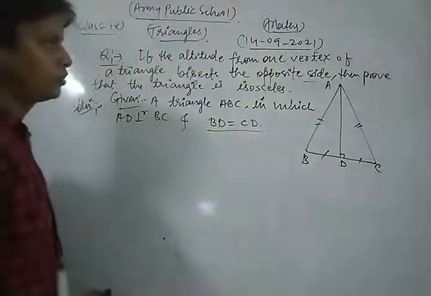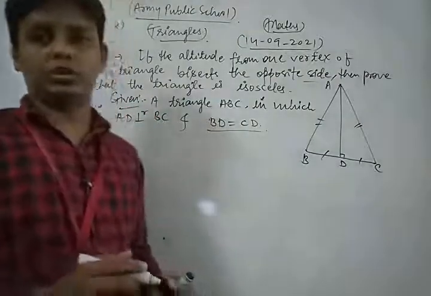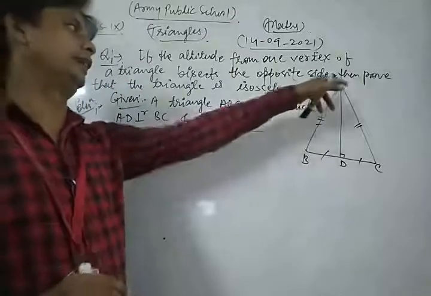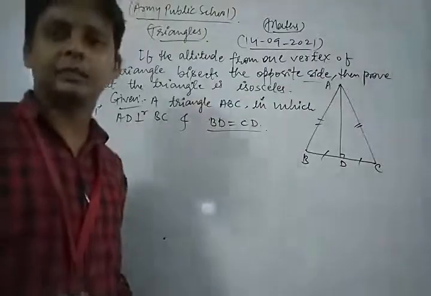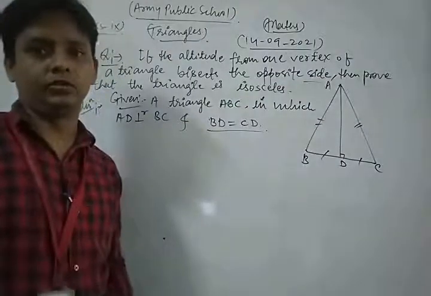This is given because, according to the theorem, the perpendicular drawn from one vertex of a triangle to the opposite side bisects that side.